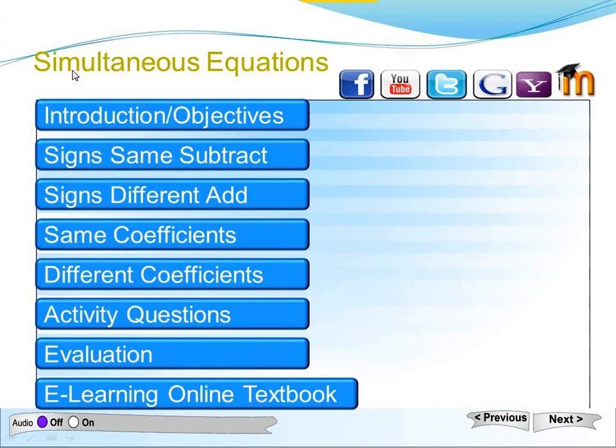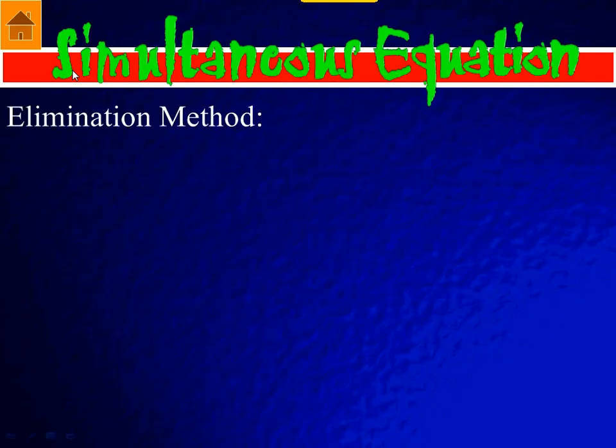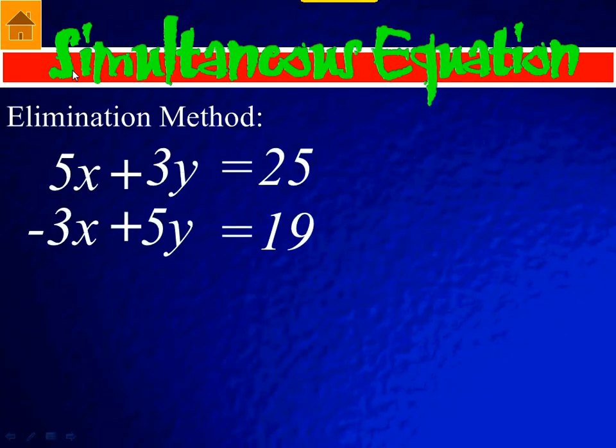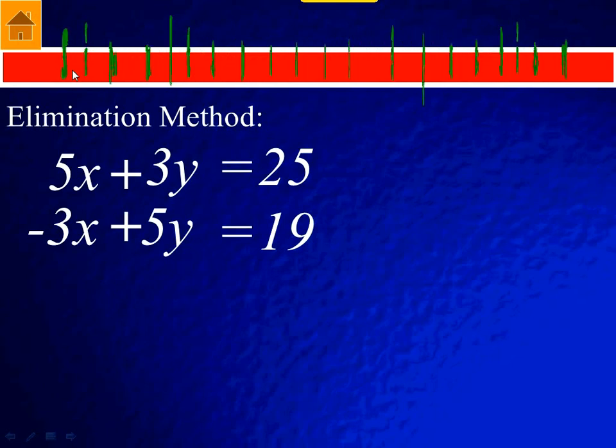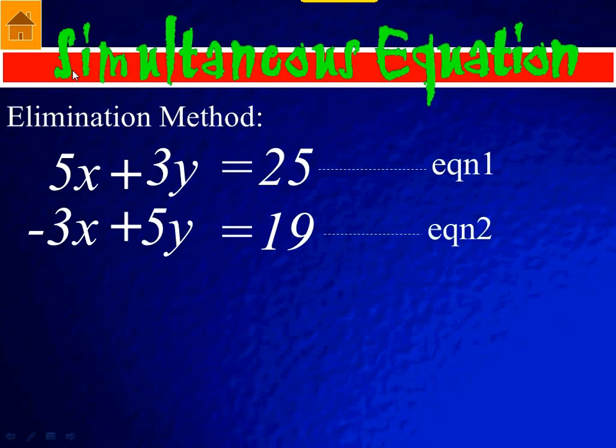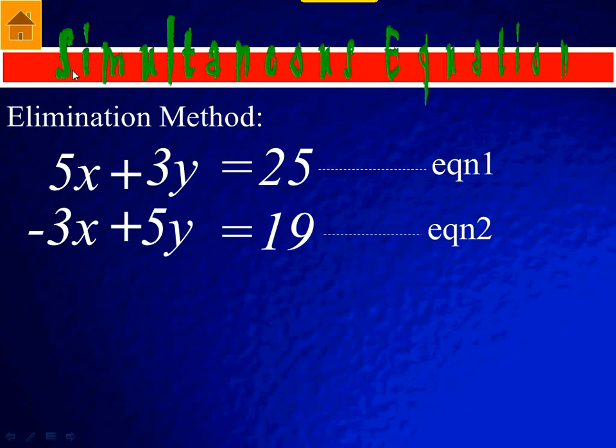Now let's look at a case where the coefficients are not the same, but different. So let's label the equations: equation 1, equation 2. In the first equation, the x is being multiplied by 5 and by minus 3 in the second equation.